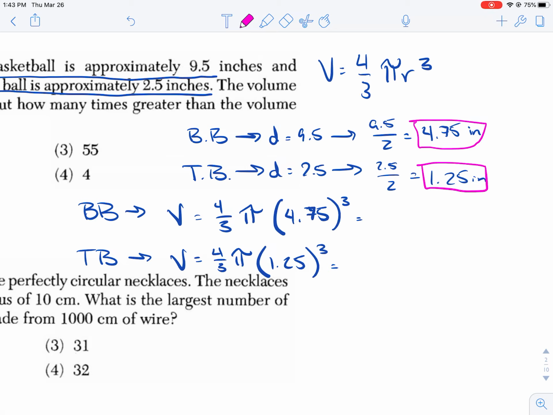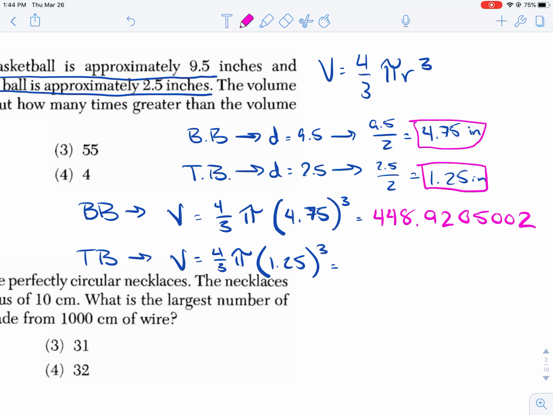So for the basketball, you should have gotten 448.9205002. Okay? Now I'm not rounding yet. I will round at the end. Right now I'm just leaving it as is because I want to get the most accurate answer I can.